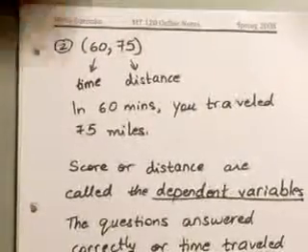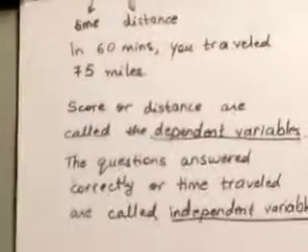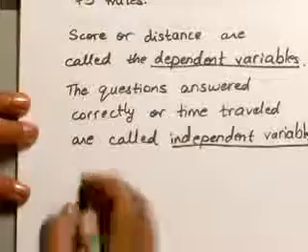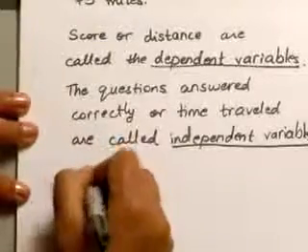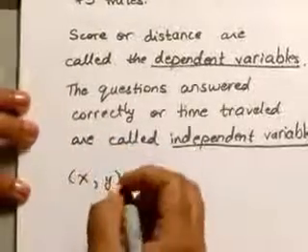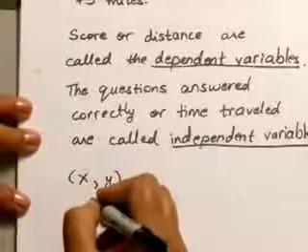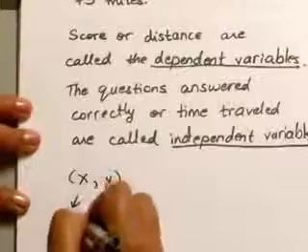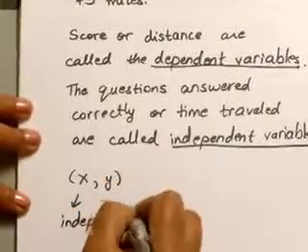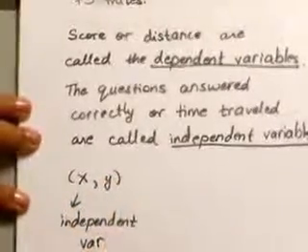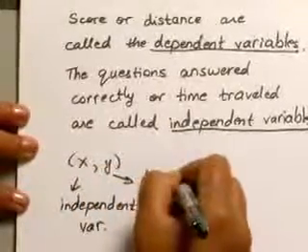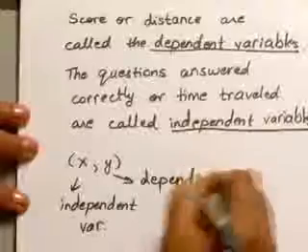So that gives us, in general, we can say that if I write my ordered pair in terms of x and y, this tells me that my x variable will be my independent variable, and that will of course make my y the dependent variable.